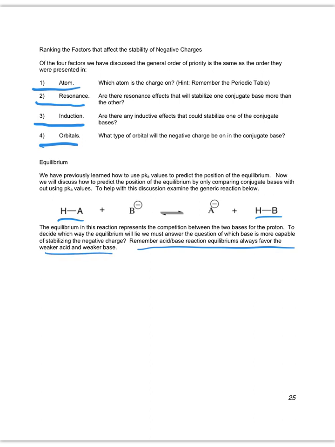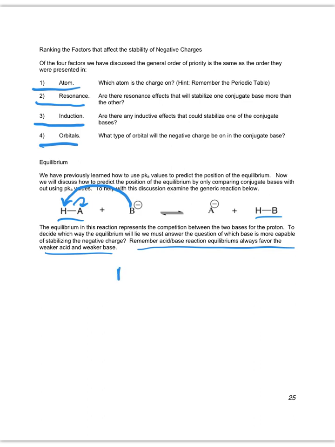You learned in Gen Chem, if you mix hydrochloric acid and sodium hydroxide together, what do you get? You get salt water. You don't mix salt and water together to get HCl and NaOH. Okay? You always go to the weaker acid and weaker base. So in this reaction, if it were to proceed as written, the base would go grab a hydrogen off of HA to form A minus and HB.